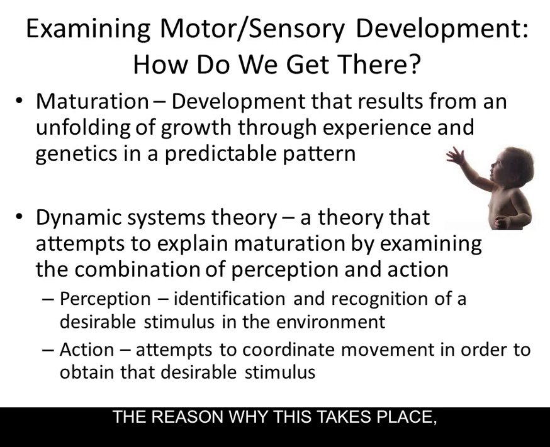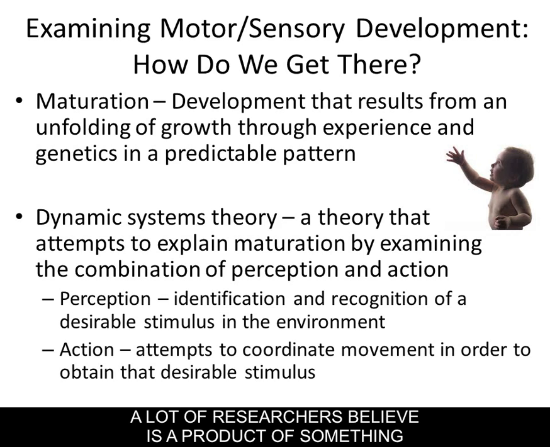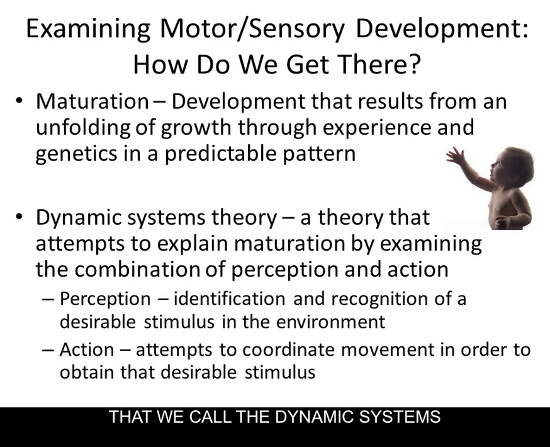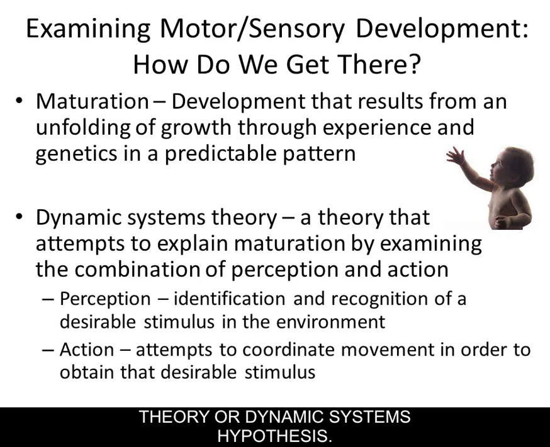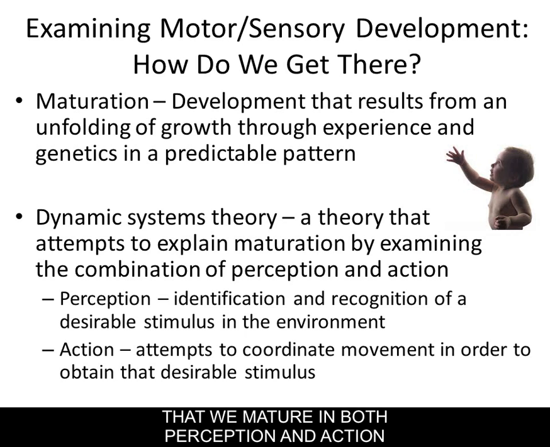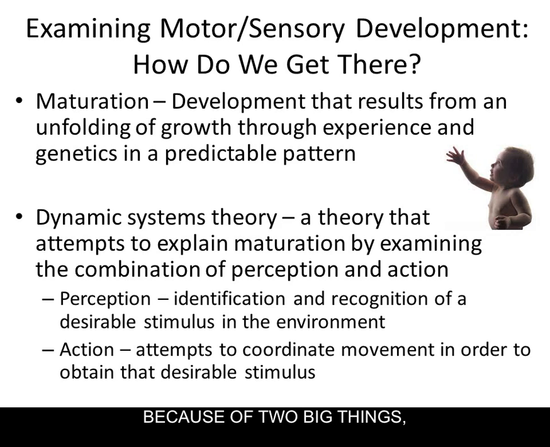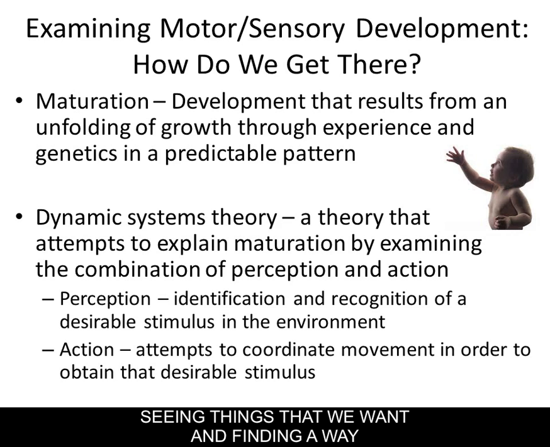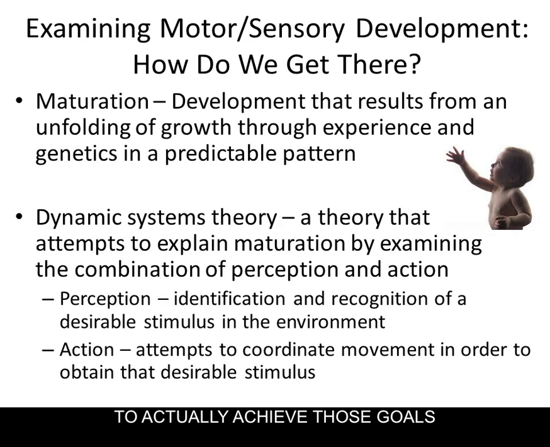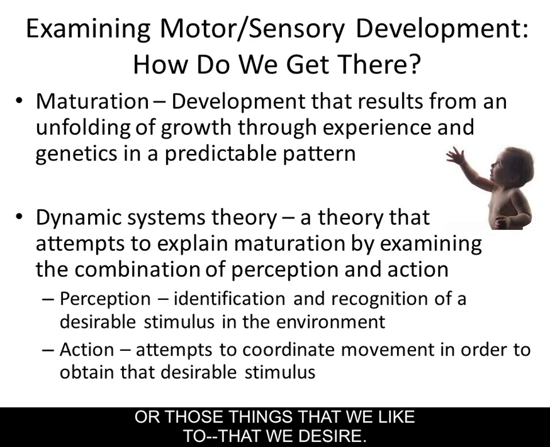The reason why this takes place, a lot of researchers believe, is something we call the dynamic systems theory, or dynamic systems hypothesis. This hypothesis proposed that we mature in both perception and action because of two big things: seeing things that we want and finding a way to achieve those goals or things that we desire.